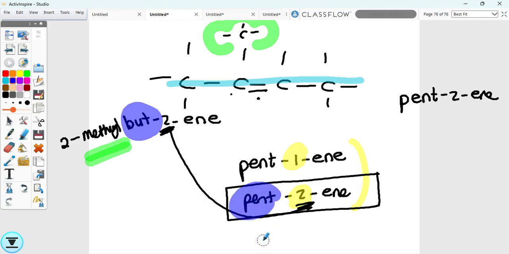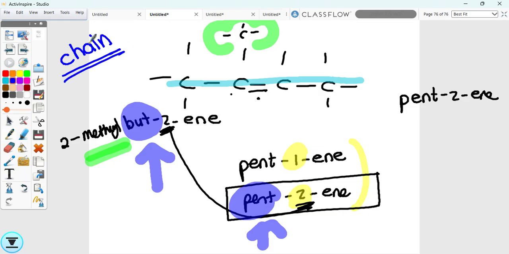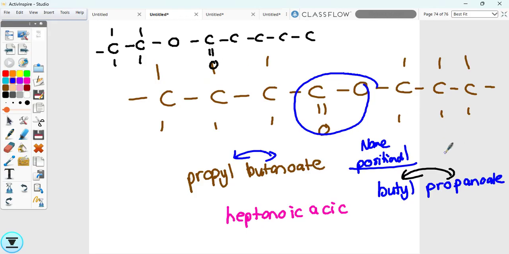So the longest chain here had 5 carbons, and the longest chain here had 4 carbons. So what changed? The number of carbons in the main chain. So because the chain changed, it is a chain isomer. Here, the positions changed, so it's a positional isomer, and here, the functional group changed, so it's a functional group isomer.